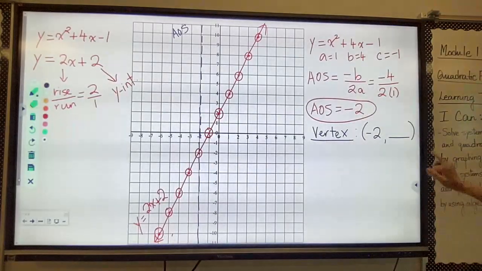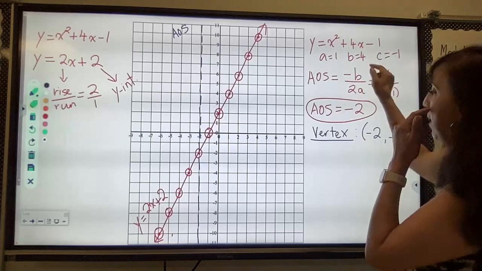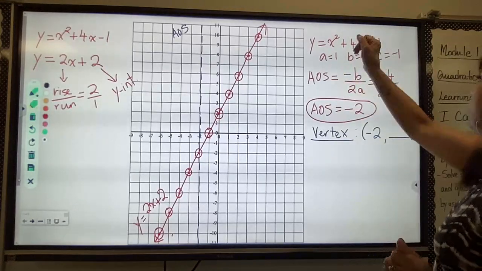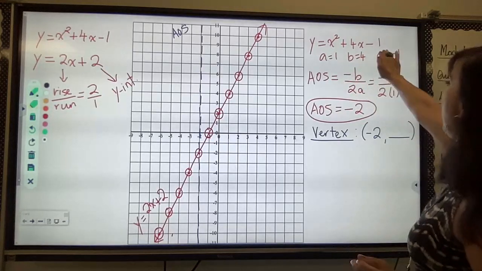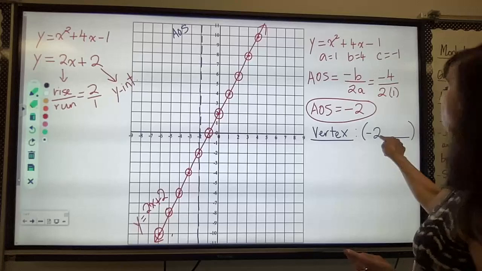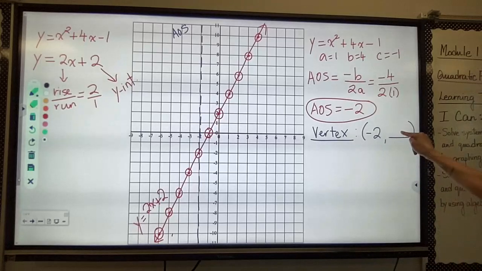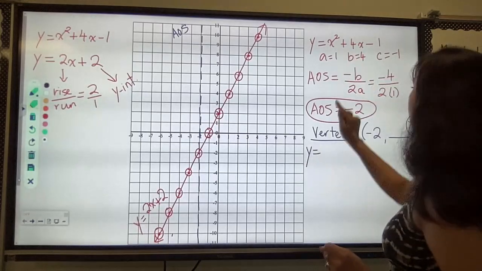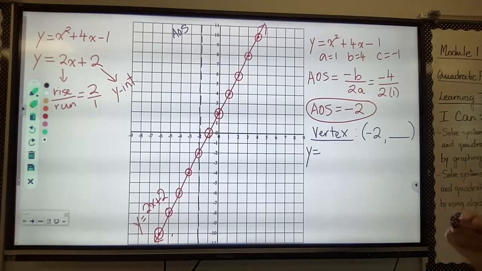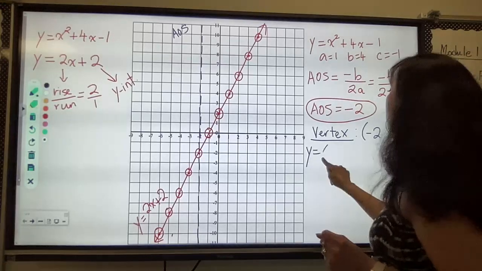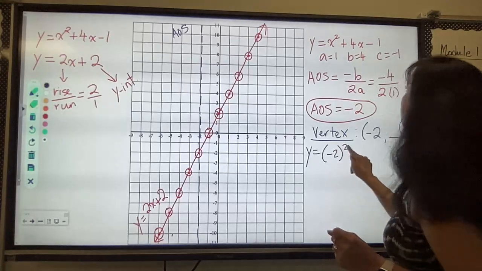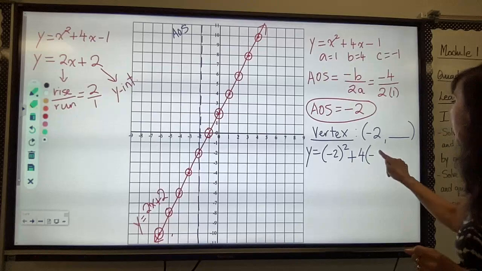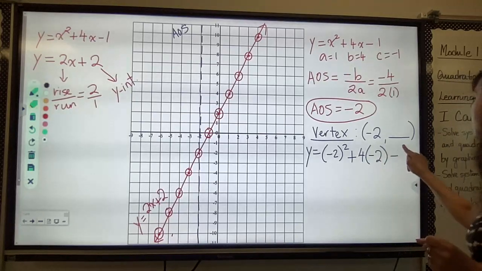Let's go ahead and substitute the value into the equation y is equal to x squared plus 4x minus 1. So y is equal to x squared, so what is x squared? It is going to be -2 squared, right? And then I have plus 4 times -2 minus 1.